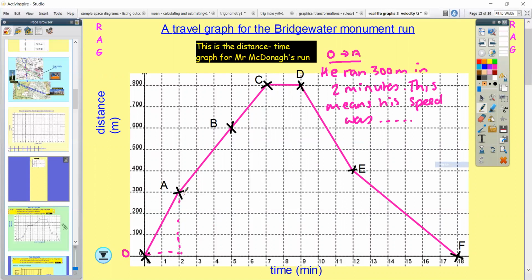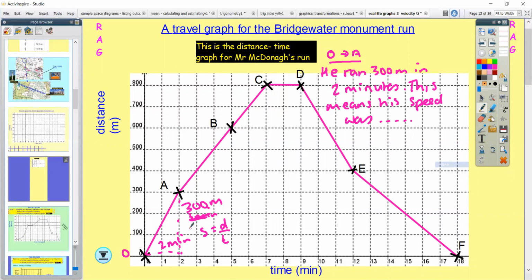So the vertical distance being about 300 meters in 2 minutes. So my speed is equal to distance divided by time. If you haven't even taught this formula at this stage, you can get the idea of how we change our velocity.